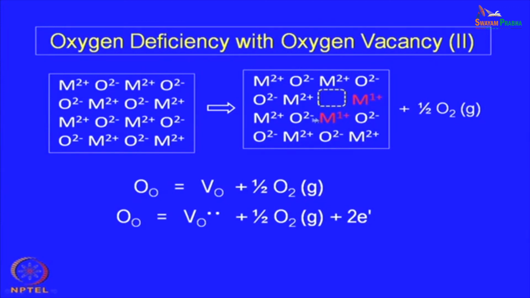After some time they will move around from one place to another, and that is what we call the hopping of electrons. These can hop because they are free electrons, almost equivalent to the free electrons in metals. That is why it has been written like that.